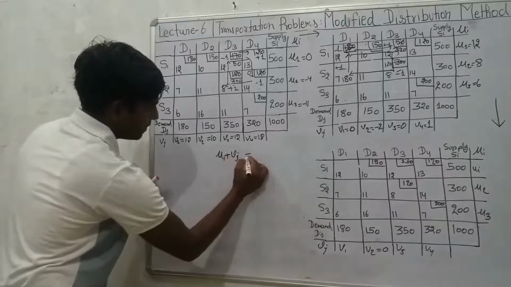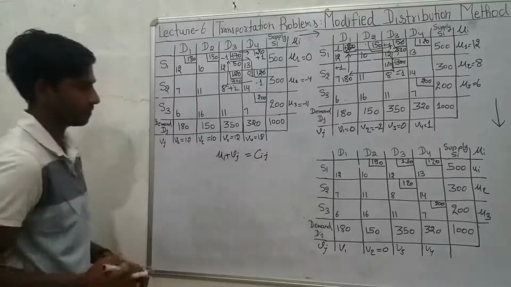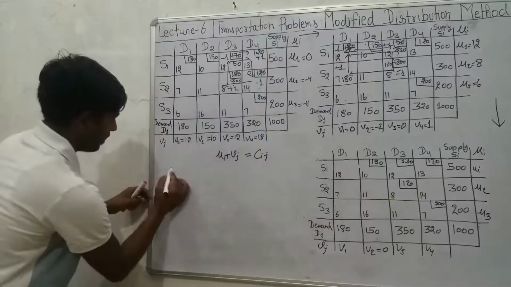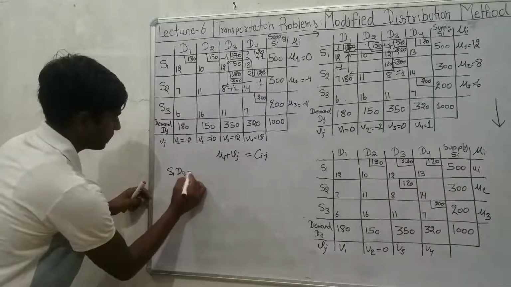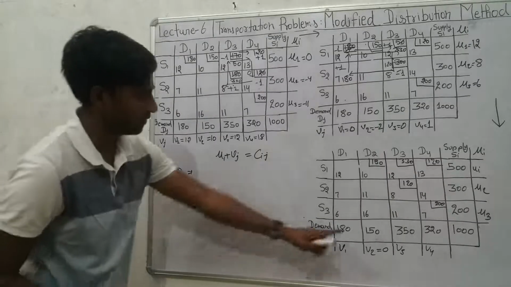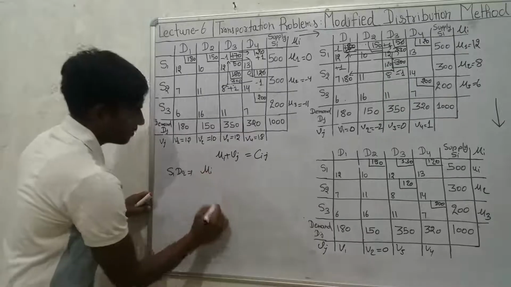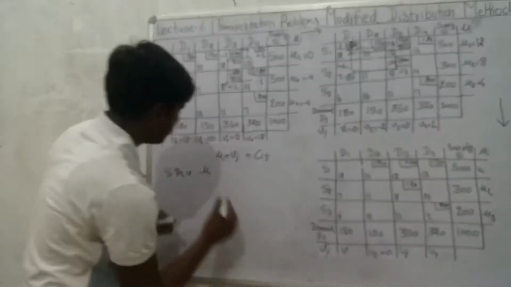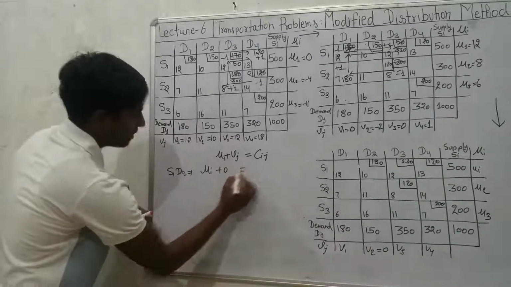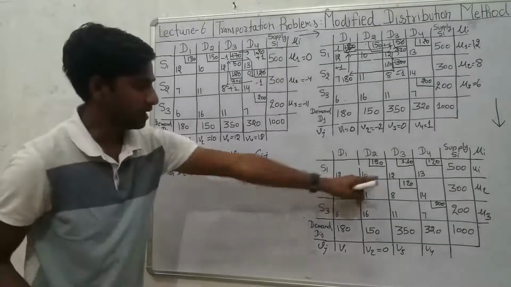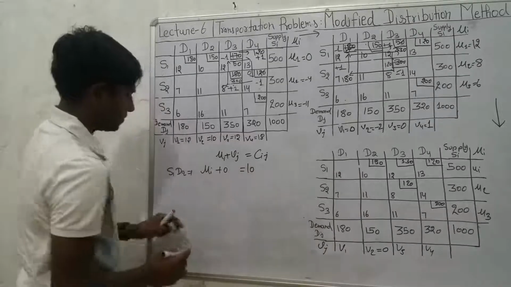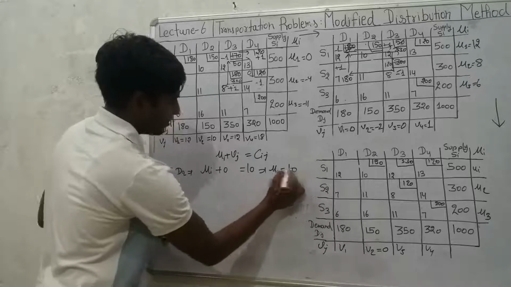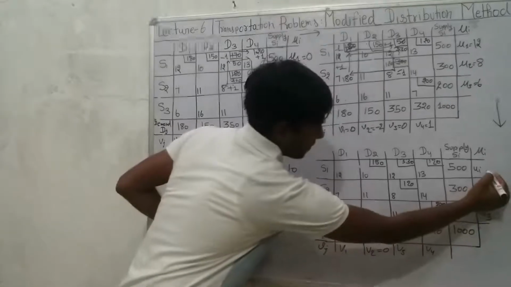Ui plus Vj is equal to Cij. For this cell, S1D2, what is the value of Ui? We don't know. What is the value of V? We have supposed V2 is equal to 0. Put 0 here. And Cij for this cell is 10. So the value of U is going to be 10 minus 0, 10. So put 10 here.